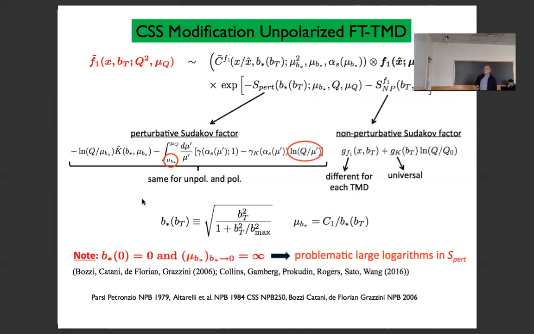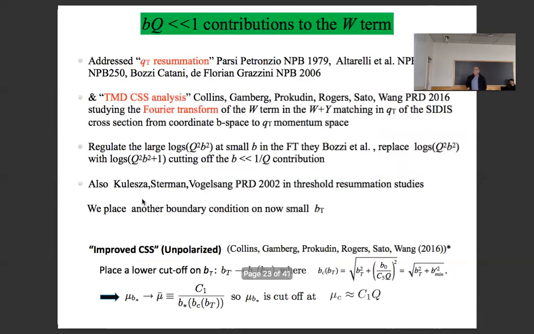So to protect yourself against this, this was recognized back in 1979 by Parisi, Petronzio, Altarelli, Ellis, Martinelli, Catani, Lori, and so forth. They used a method of adding 1 to these large logs so that they would vanish when you go outside the design region of where the W term applies. We introduced a similar device, where not only do we have a large b boundary condition, but we have a small b boundary condition.